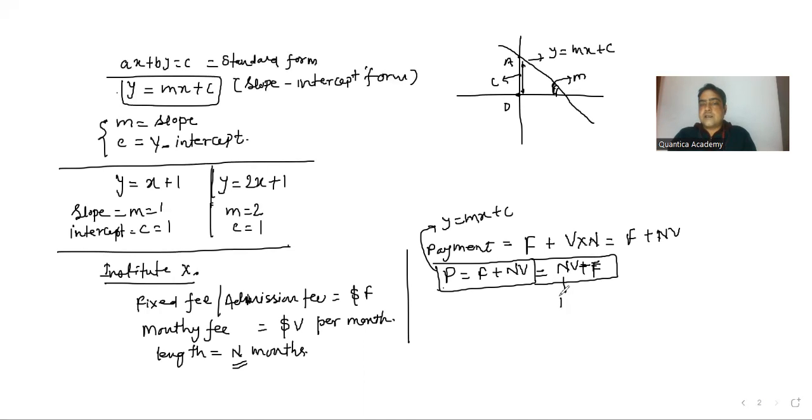So n is the independent variable and P is the dependent variable, because its value depends on the number of months. In this way, you can model a situation by y equals mx plus c. Now let us explore this slope even further.